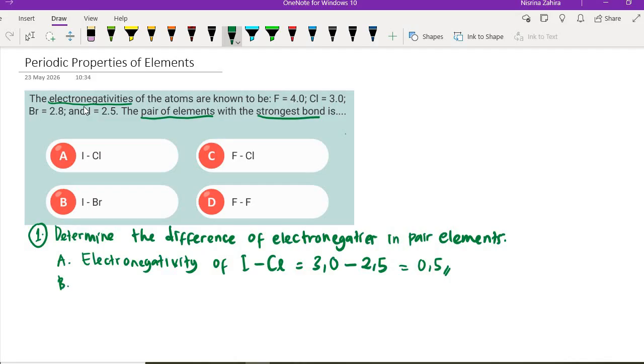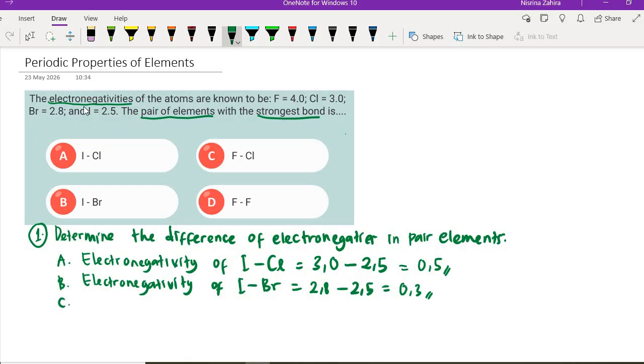Let's continue with the next option. The electronegativity difference of iodine and bromine: the electronegativity of bromine is 2.8, and iodine is 2.5. So we start from 2.8 and subtract 2.5, so the difference is 0.3.